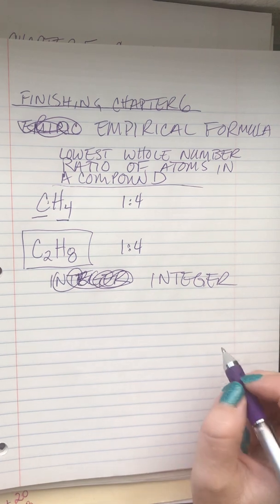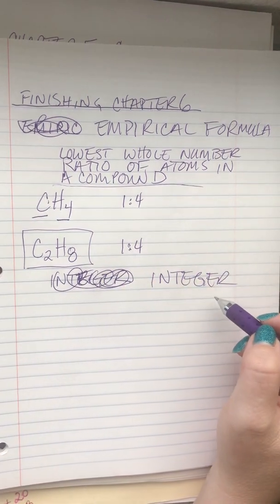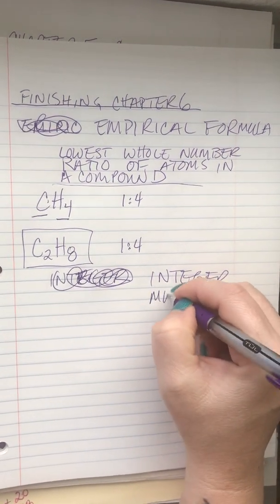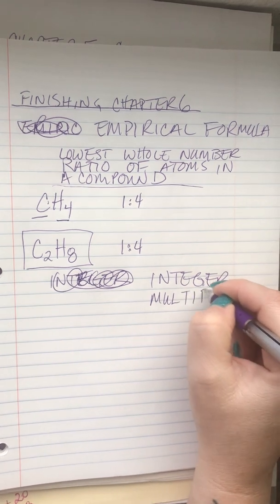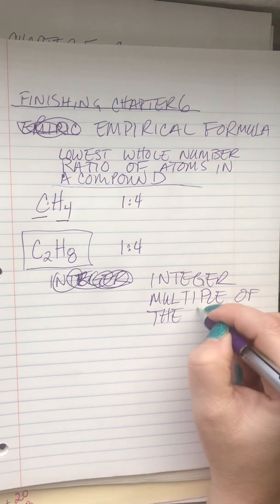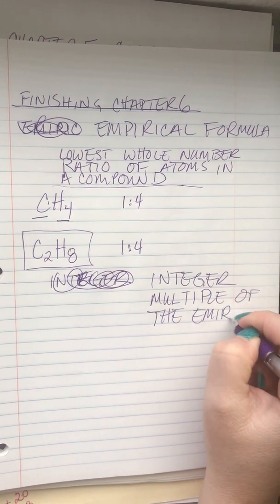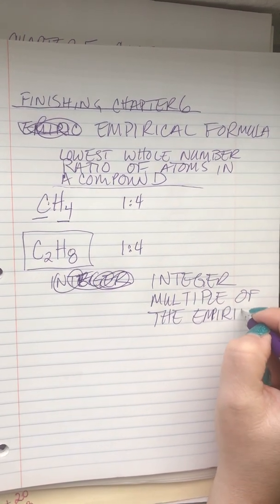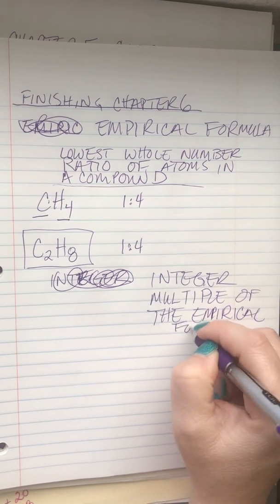Anyways, so this is an integer multiple of the empirical formula.